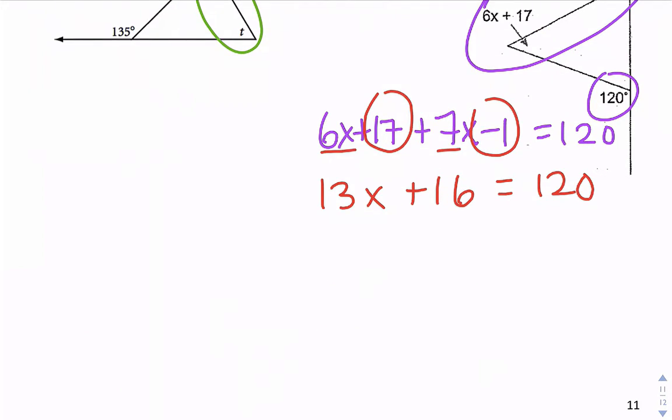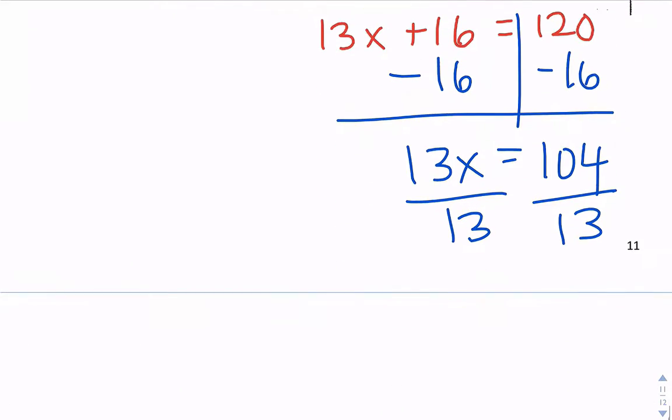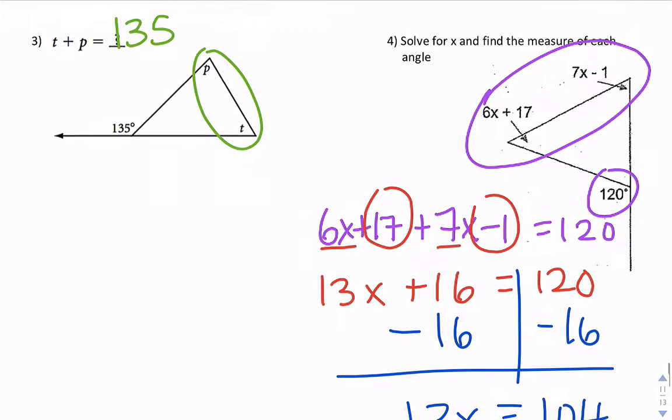And then we can solve. So we'll subtract 16 from each side. We get 13x equals 104. Divide by 13. And we get 8.